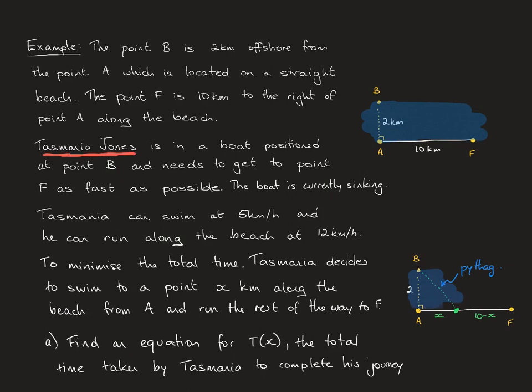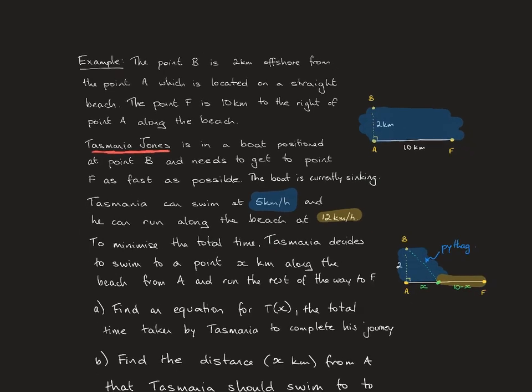So that distance there along that Pythag bit is where he will be using his swimming speed of 5 kilometres per hour. And then he's going to hit the sand and he's going to run along the sand at 12 kilometres per hour. Hopefully you can see the consistencies here with how this would work.